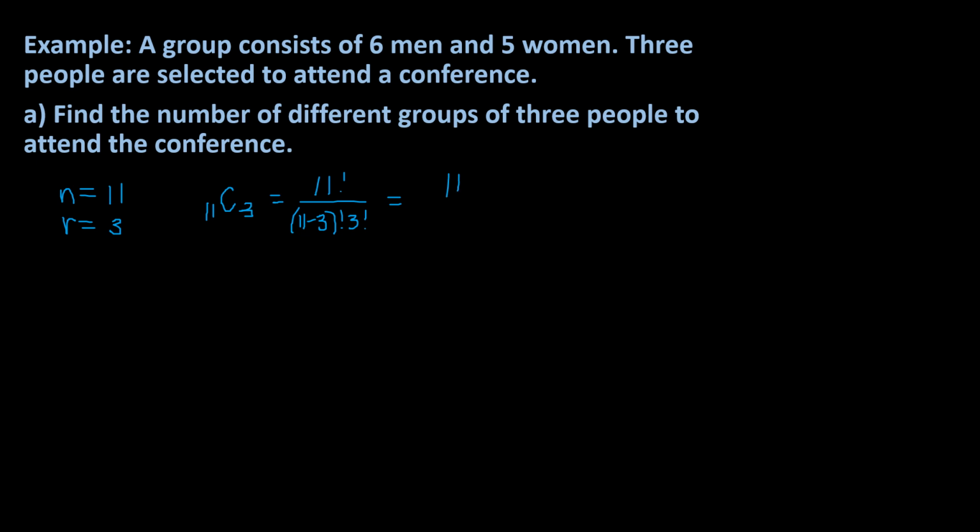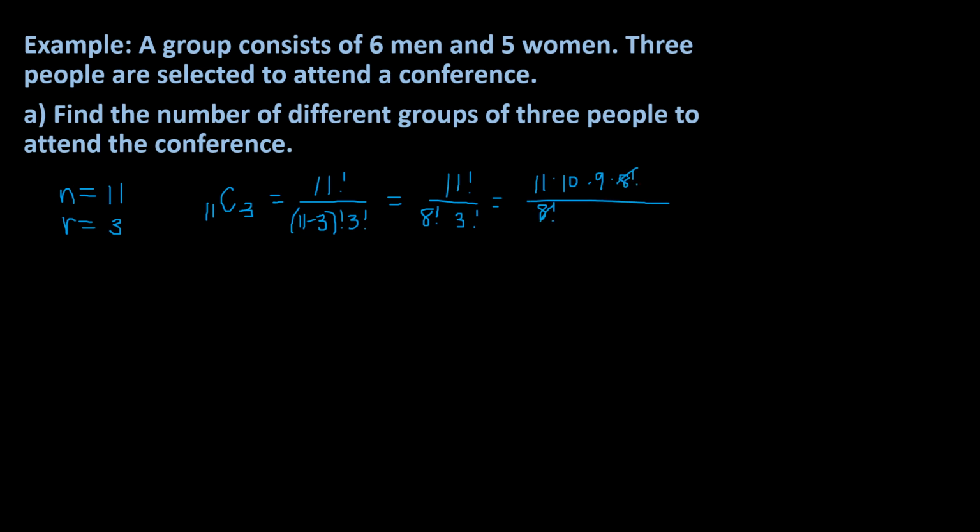Okay, so we have 11 factorial over 8 factorial, 3 factorial. So I can write out 11 till I hit 8 factorial, and then those will cancel.